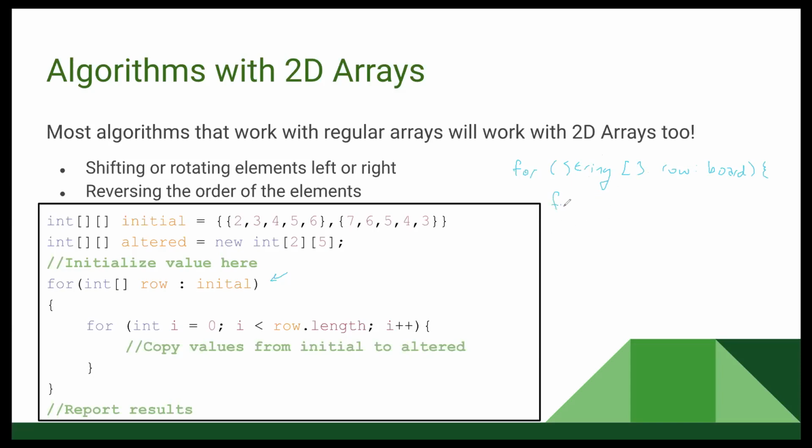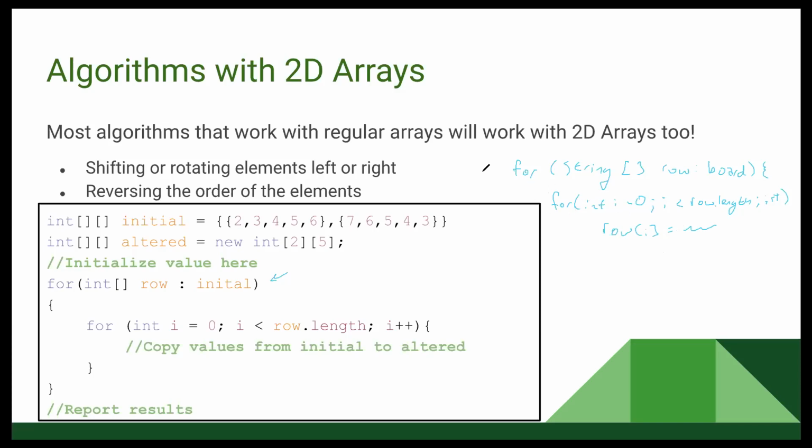You would need to do a for int i equals 0, i less than row dot length, i plus plus, and then you change something within, you say row at index i equals some new value.